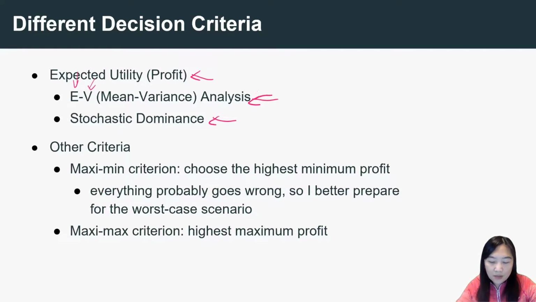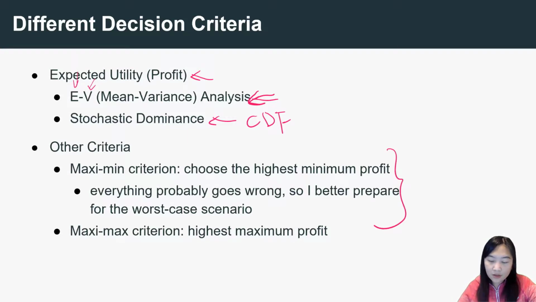And we will spend quite some time on this method. And here I listed another method, stochastic dominance. You will need some statistics knowledge to perform this analysis. It will require you to know the CDF, the cumulative distribution function. We will not cover this method here.